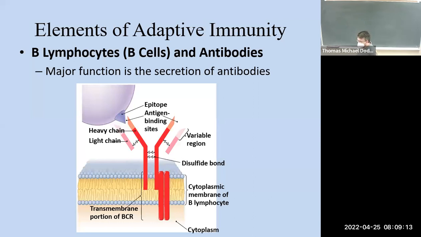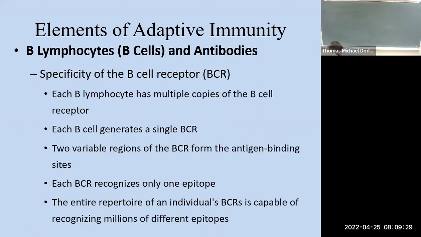So we've talked about antibodies. Those are not attached to a cell, but these are similar, except they're attached to the B cell. Same kind of idea with this binding region and an epitope. So this makes B cells very specific.